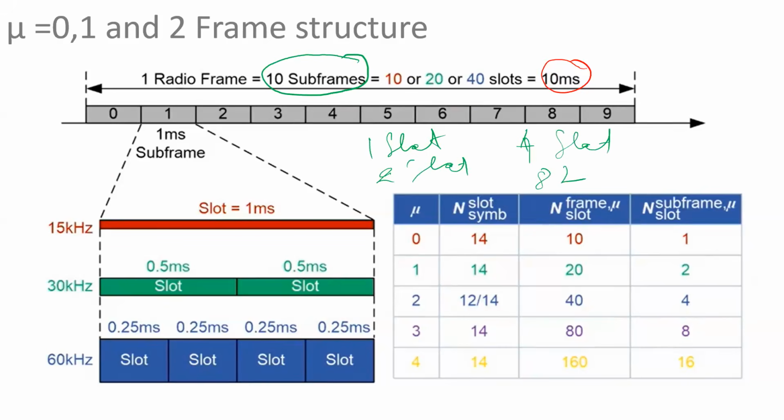So we may have 20 slots per frame, and we may have 40 slots per frame. Okay, and TTI is reducing according to the subcarrier spacing. So as we go down, our TTI is also reducing.